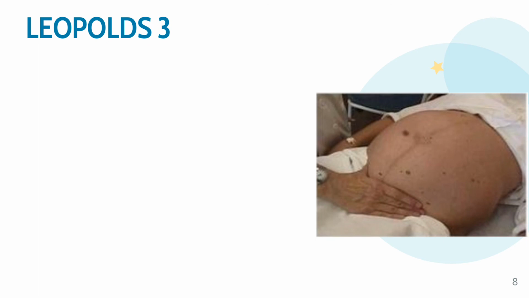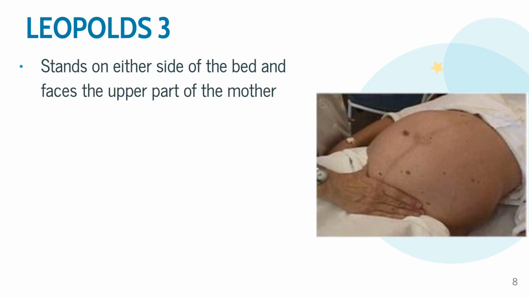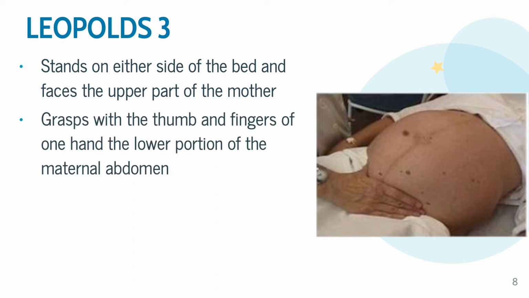The third maneuver is performed by grasping with the thumb and fingers of one hand the lower portion of the maternal abdomen just above the symphysis pubis. Here you are standing still on either side of the bed and facing the upper part of the mother. If the presenting part is not engaged, a movable mass will be felt, usually the head.